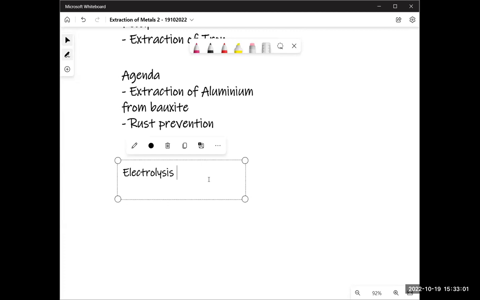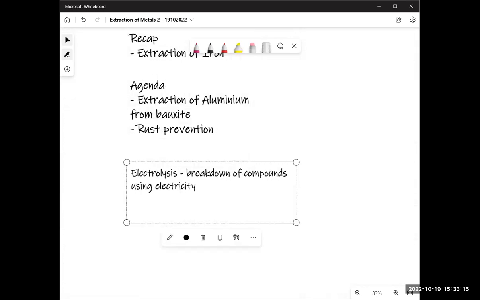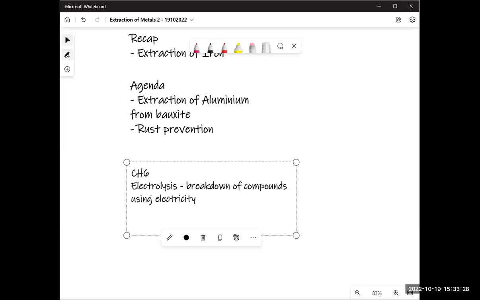The definition: breakdown of chemicals, of compounds using electricity. There's no way you can understand this chapter without knowing this. So I'm just recapping from a previous chapter so you understand. Chapter 6. You should know this is chapter 6. You can study it on your own and ask me for doubts later. Now, when you're done writing the definition, tell me.